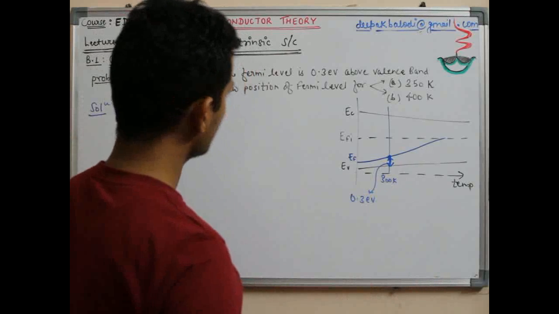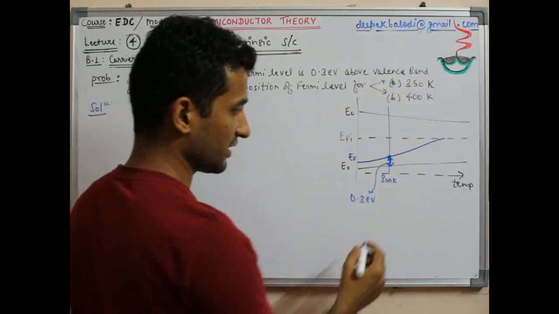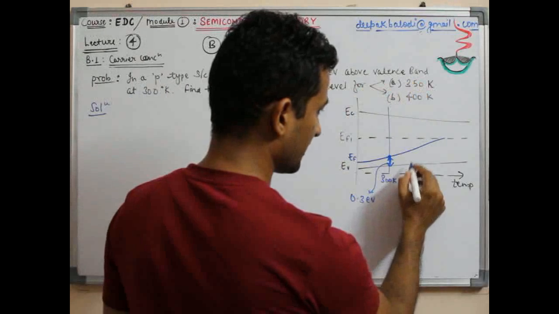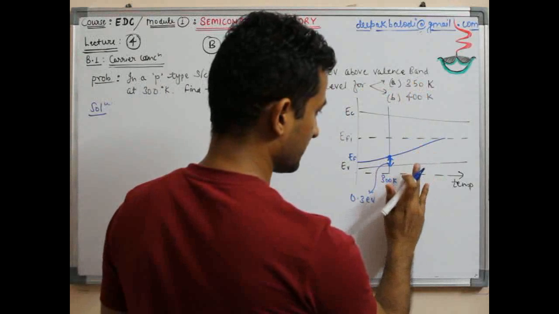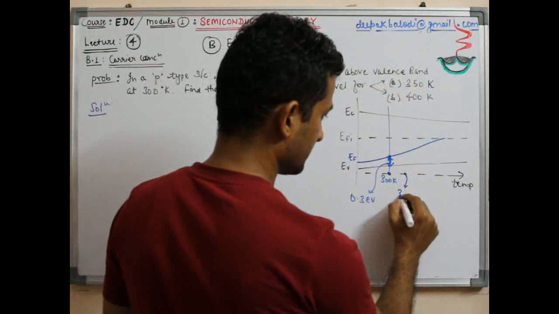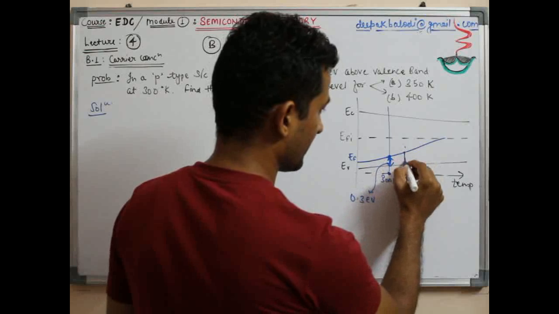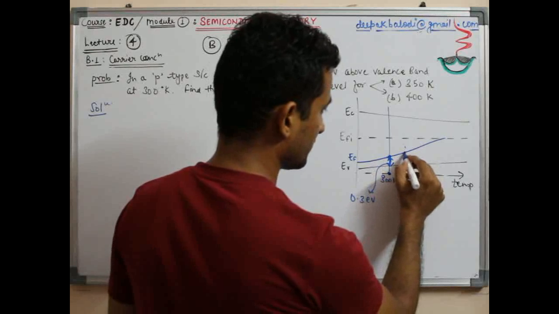Okay. Then we have to calculate the new position of the Fermi level for 350 K. If it becomes 350 K, let me indicate it here. Let's say this is 350 K, and this is the new position.